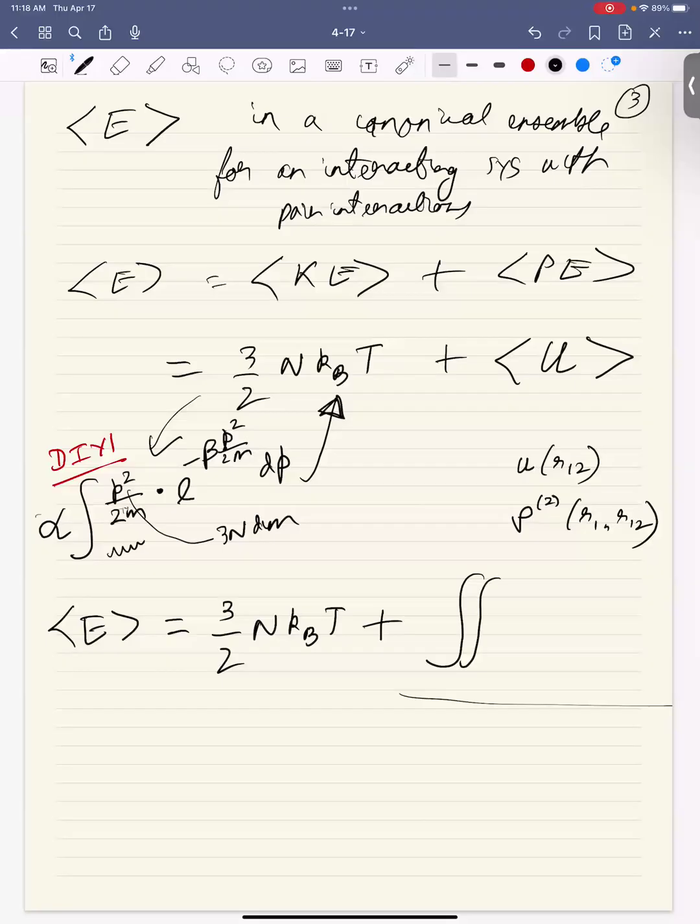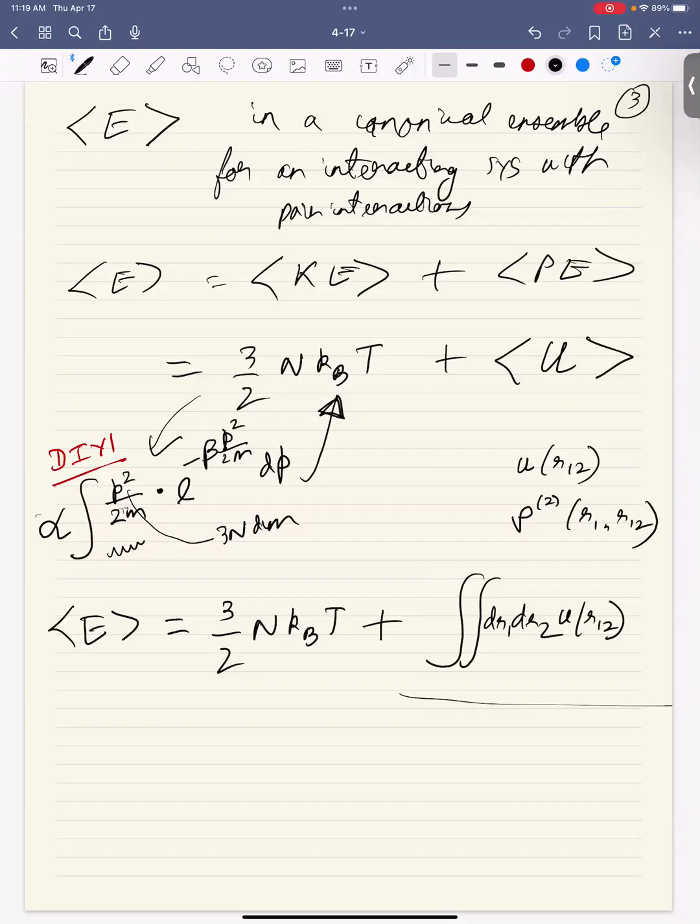So I'm going to integrate over, it's a double integral over dr1 and dr2 multiplied by u of r12. So I am going over every possible pair of positions, and looking at what would have been the internal energy if I had one atom at R1 and one atom at R2, right? So I do that.